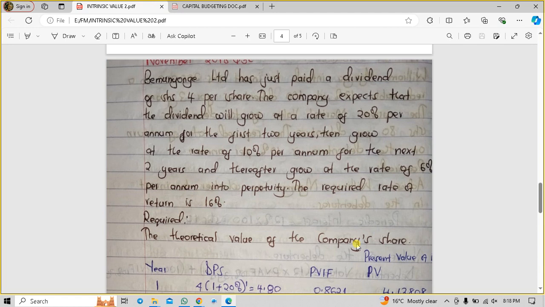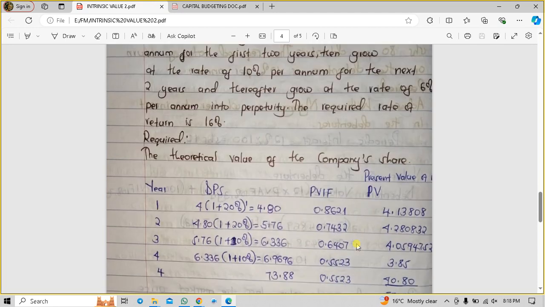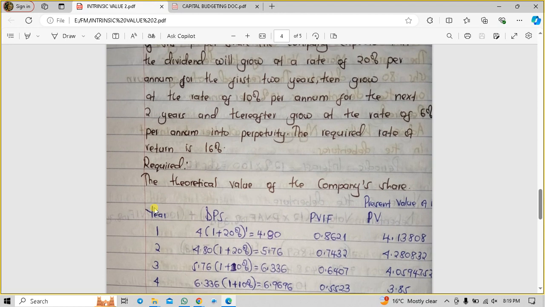So sometimes you can be told intrinsic value, sometimes the theoretical value of the company's share. What you do is what we have already done. The only difference is that here we will make it much simpler. How many years do we have?